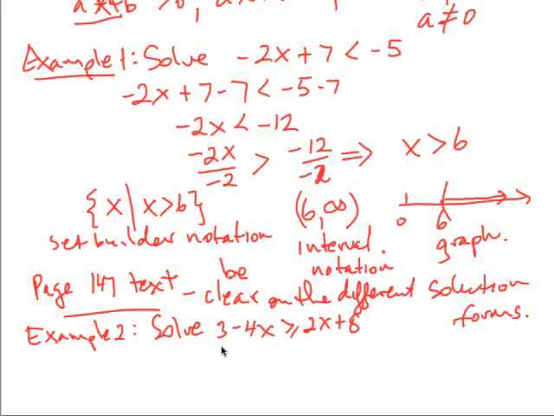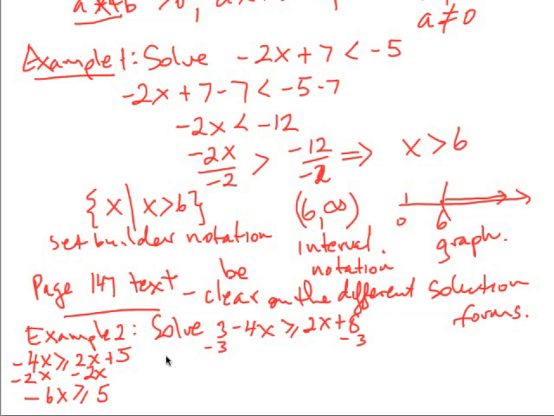The first thing we should do is isolate the x's on the left side. So I'm going to subtract 3 from both sides, and I end up with negative 4x is greater than or equal to 2x plus 5. Now we subtract 2x from both sides, so I get negative 6x is greater than or equal to 5.